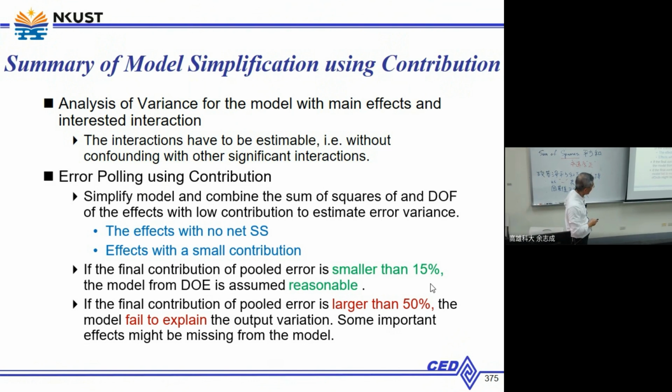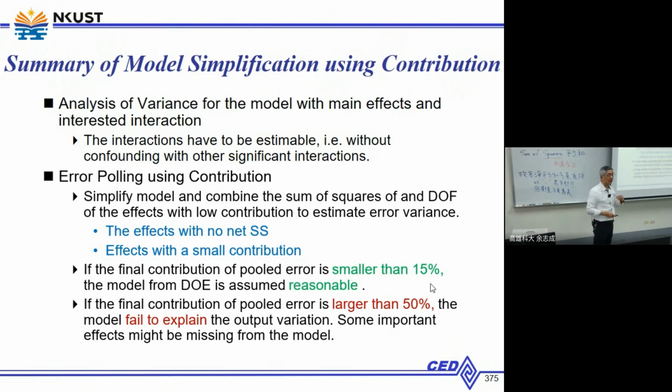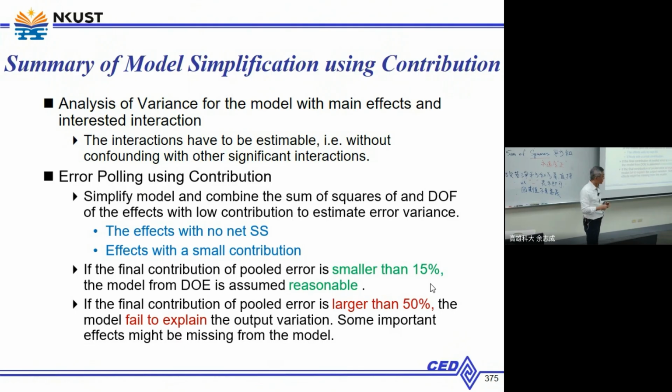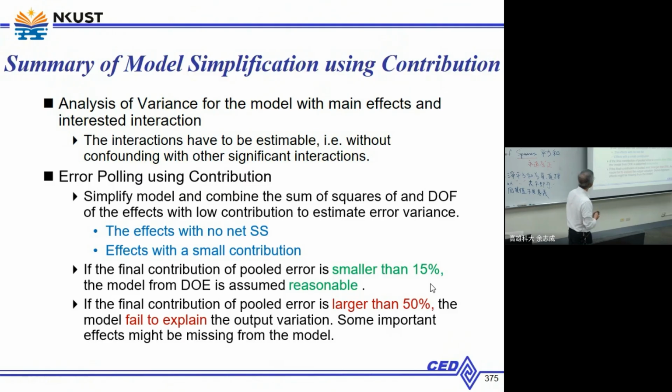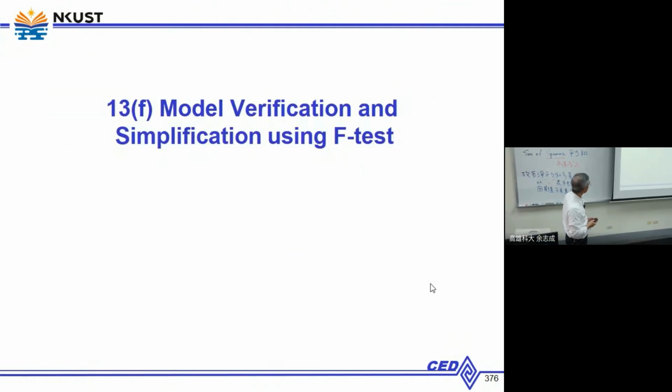Some important effects may be missing. Maybe some main effects, maybe some interaction effects you didn't consider, or there are interactions, so you have to redesign your experiment. OK, I'll skip the F test here; interested students can look into it themselves.